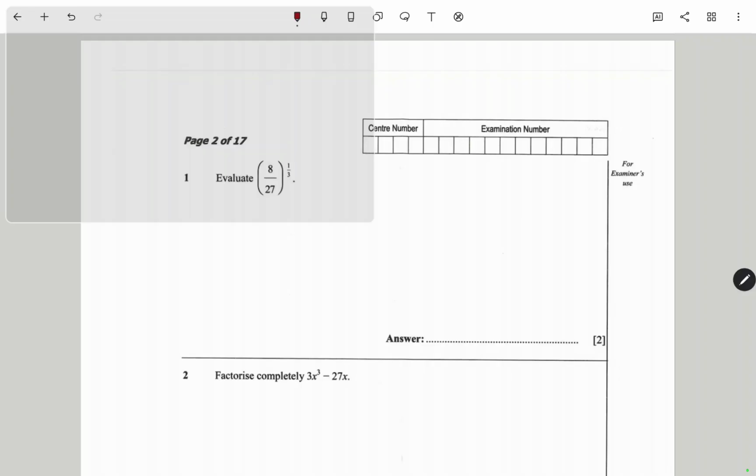The first one is simplifying what is inside the brackets. This 8 can also be written as 2 to the power 3. Remember, 2 to the power 3 is the same as 2 times 2 times 2, which is 4 times 2, giving us 8.